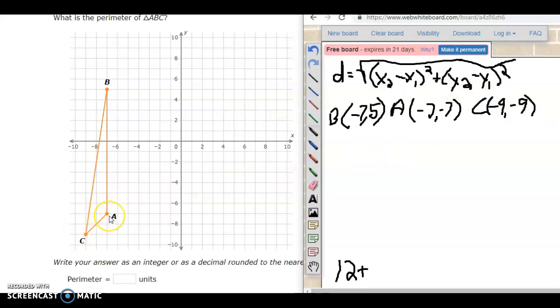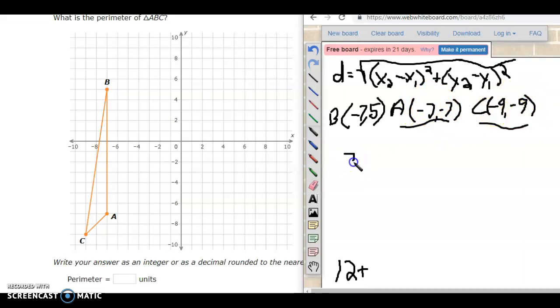So first I want to find the distance from A to C. So I'm going to use my A and my C coordinates. To plug them in, it doesn't matter which one you make your first and second as long as you stay consistent. So I'm going to make these my first coordinates and these my second coordinates.